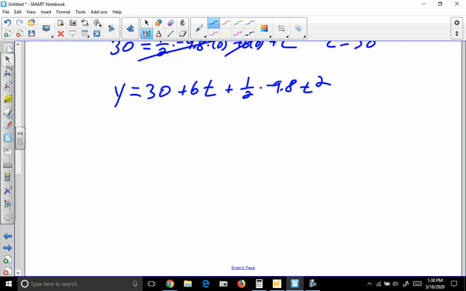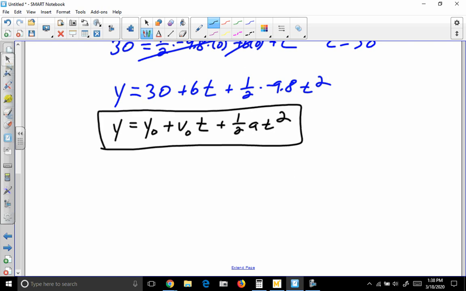And the reason I wrote it this way is because our general kinematic equation is initial position plus initial velocity times time plus 1/2 a t squared. Negative 9.8, that is our acceleration. So this whole kinematic equation for projectile motion actually comes from integrating acceleration and then integrating velocity to get position.